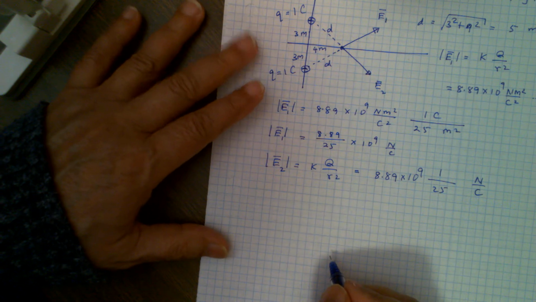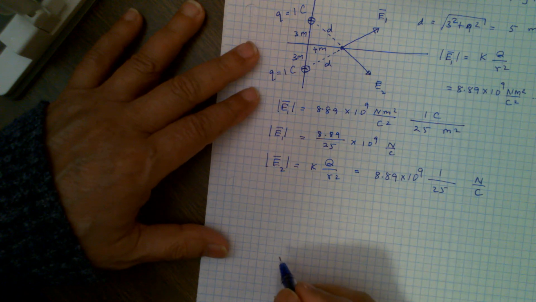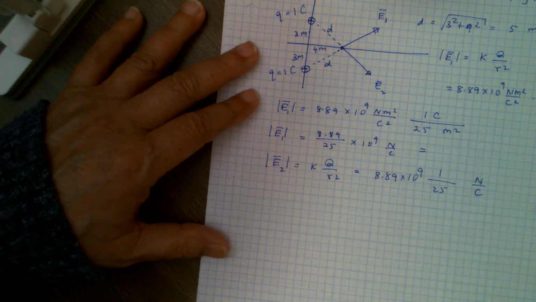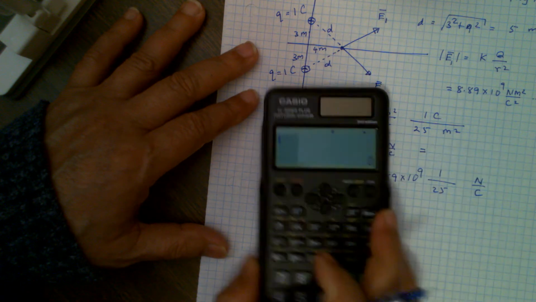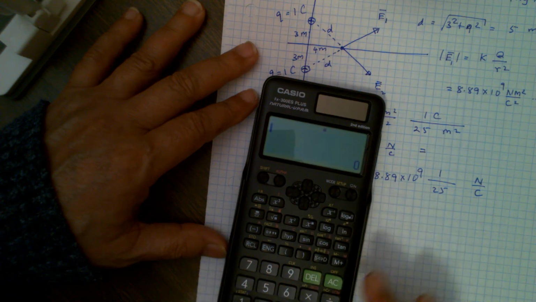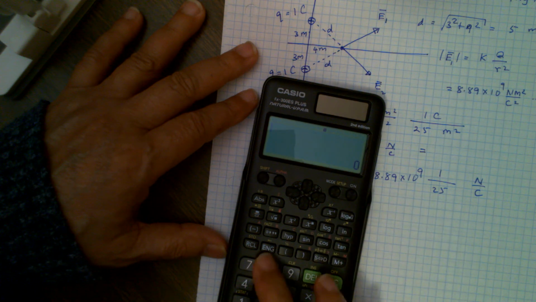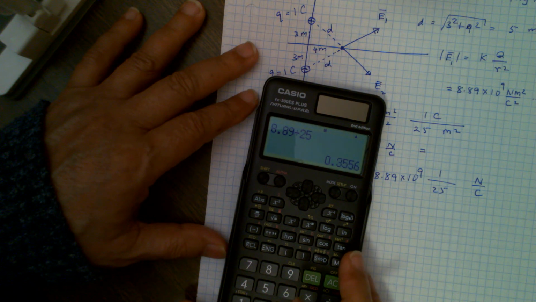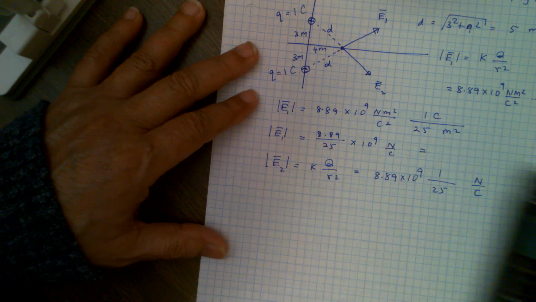Okay, now if I want a little bit more number, then 8.89 by 25, let me do that. 8.89 divided by 25 is equal to 0.3556.